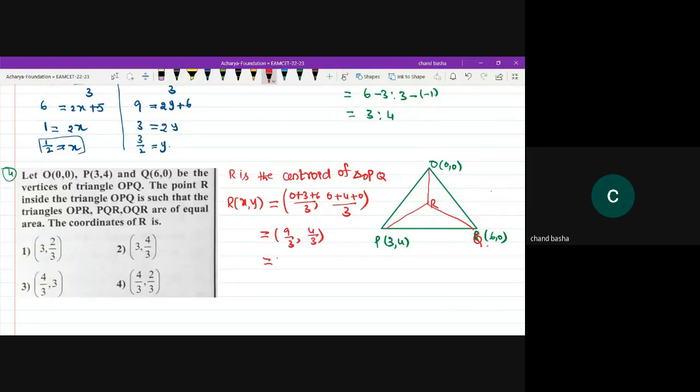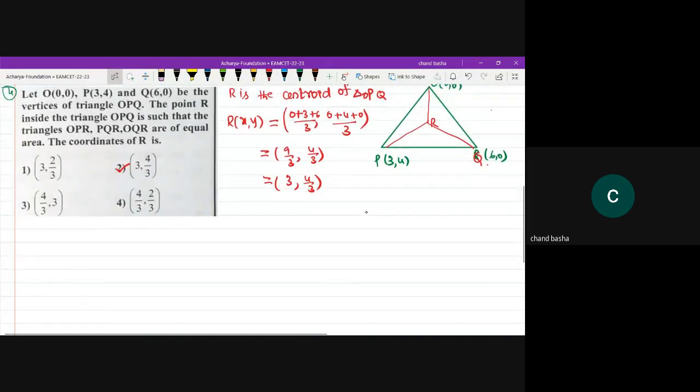As you said, option number 2, 3 comma 4 divided by 3. The second option will be the correct answer. Number 5.